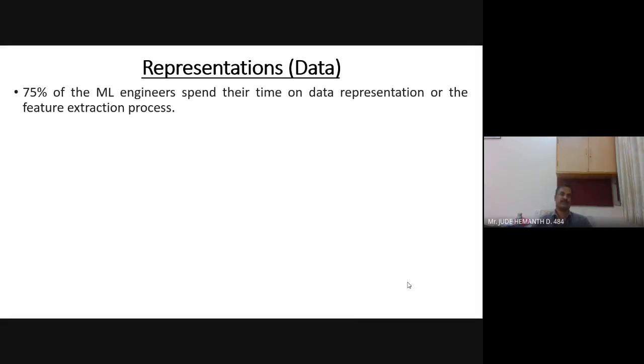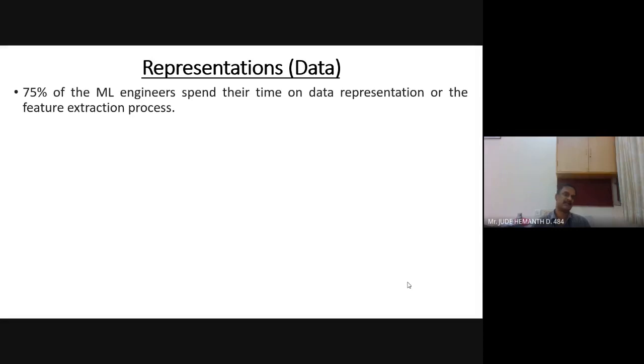But if your features are wrong, then whatever learning algorithm you use, there is a high chance that the final output may go wrong. A statistic says 75% of ML engineers spend their time on data representation or the feature extraction process, because we do not know what will be an exact feature to differentiate my mobile phone and a laptop.